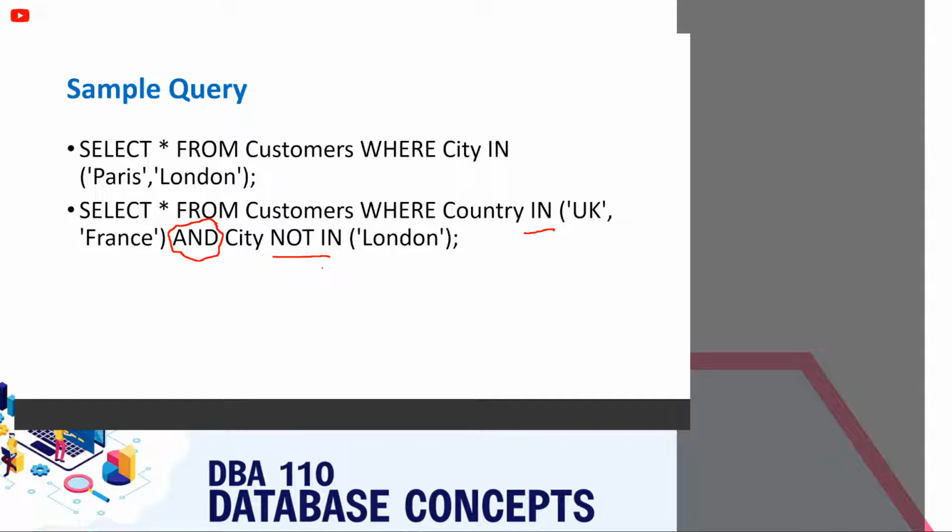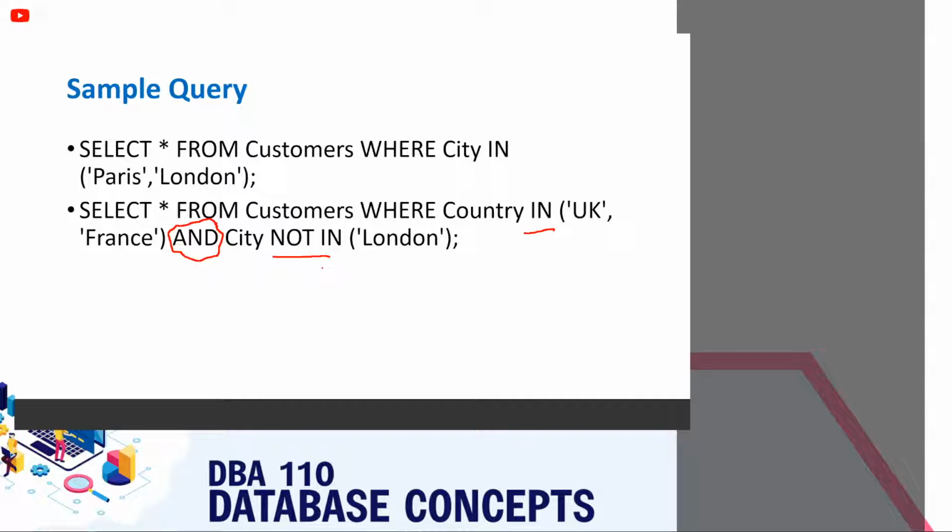So in this instance, we are selecting star from customers. So we're selecting everything from our customers table, where country is in UK or France, and city is not in London.